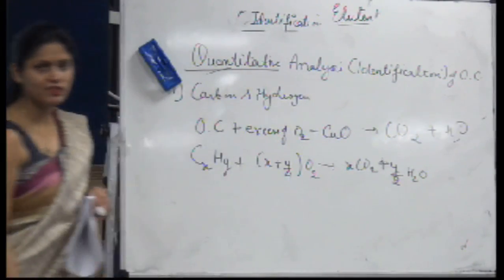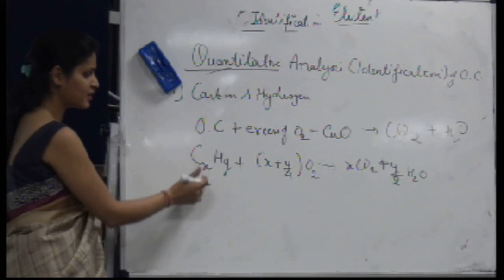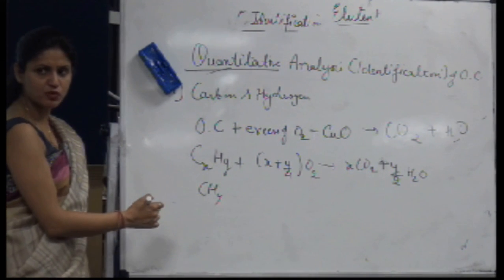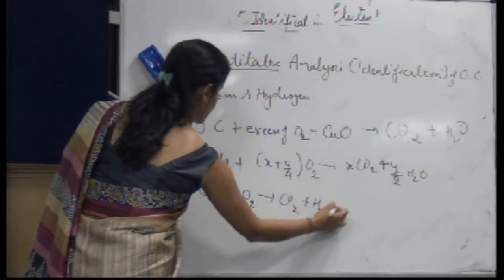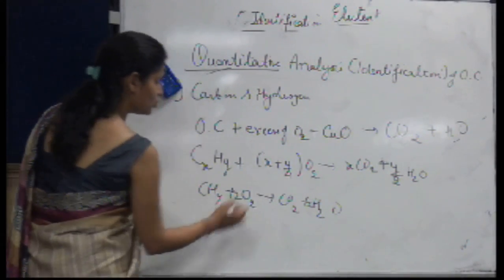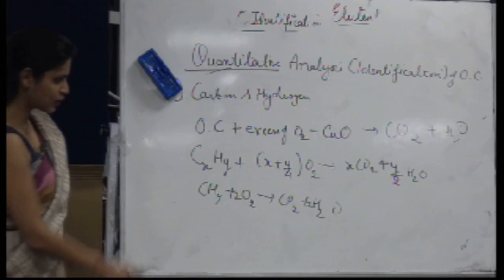How can I justify this kind of reaction? You don't have to mug up this exact reaction. Just suppose you know the burning of CH4 methane, you will start balancing this reaction: CO2 plus H2O. It would be 2H2O and 2O2, right? Now the reaction is balanced.